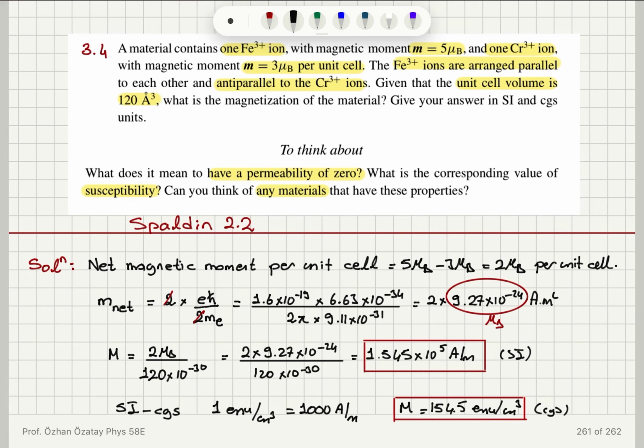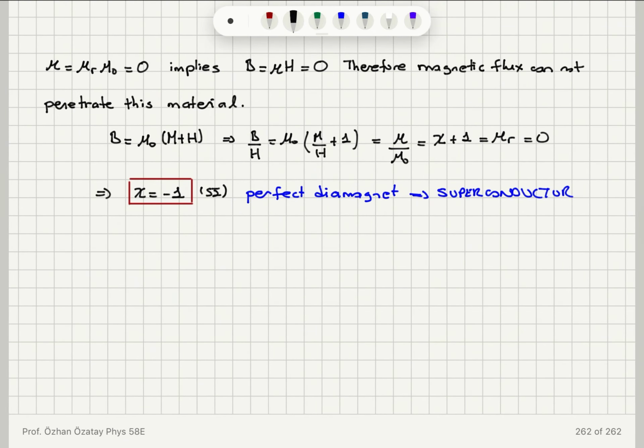So we find the magnetization by dividing 2 Bohr magnetons, the magnetic moment per unit cell, by its volume, and the answer is 1.545 times 10 to the 5 ampere per meter in SI. For CGS conversion, we just have to divide it by 1000 to obtain the answer in emu per centimeter cubed. Additionally, we thought about what it means to have a permeability of 0. A 0 permeability implies a susceptibility of minus 1, which is a perfect diamagnet. That would be a superconductor, due to the Meissner effect.